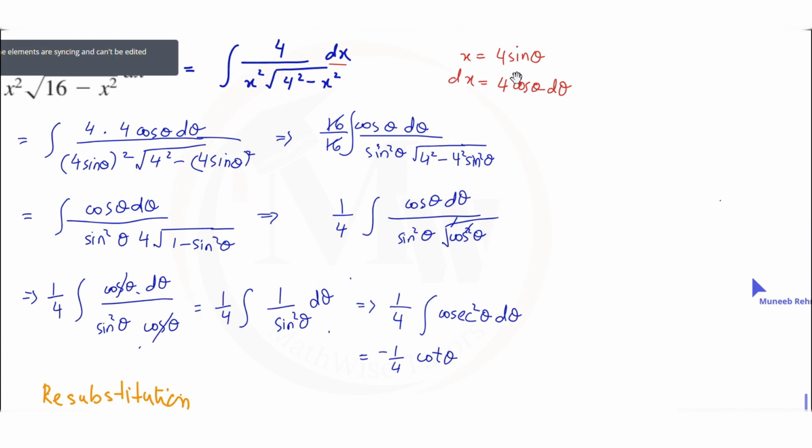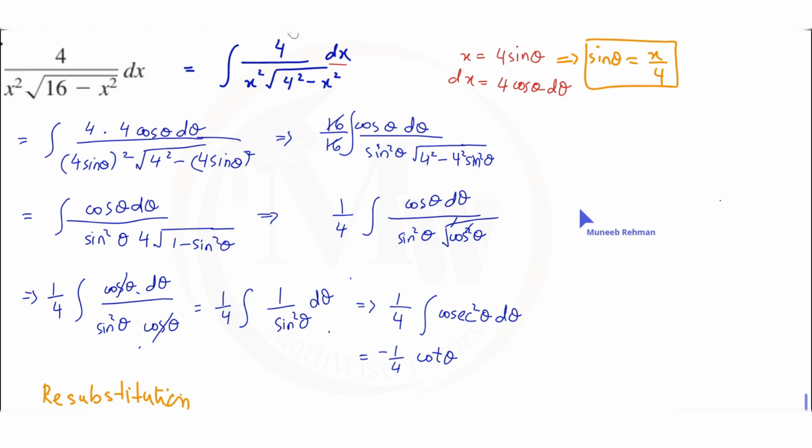Look at this, x is equal to 4 sine theta. So what will be sine theta? Using this, 4 will go to the other side, so sine theta equals x by 4, right? So we got the value of sine.